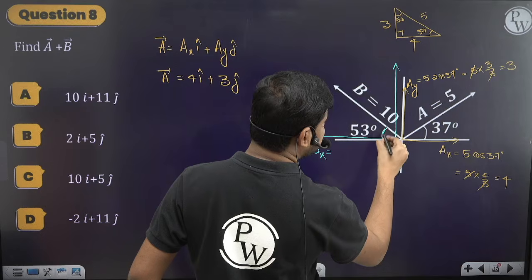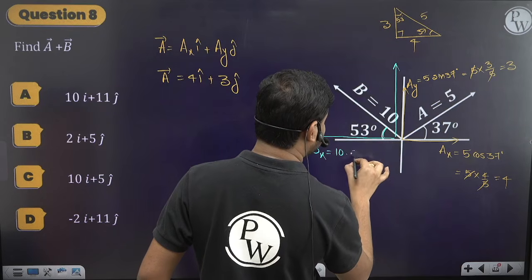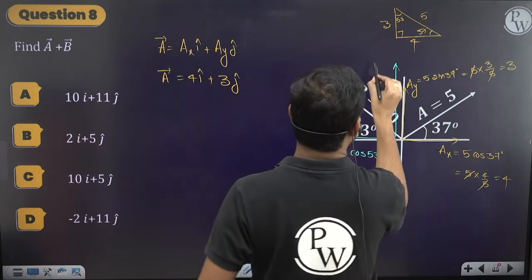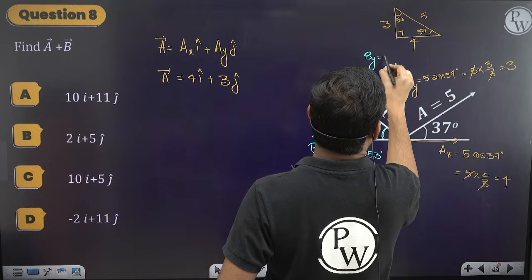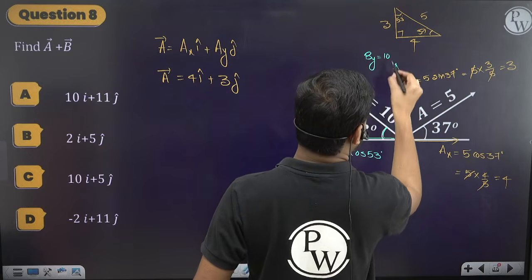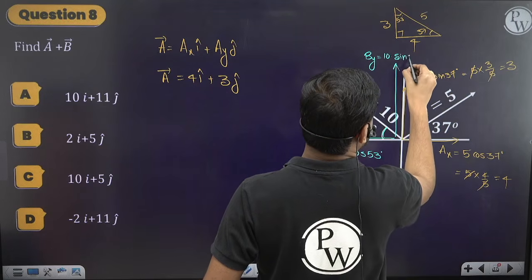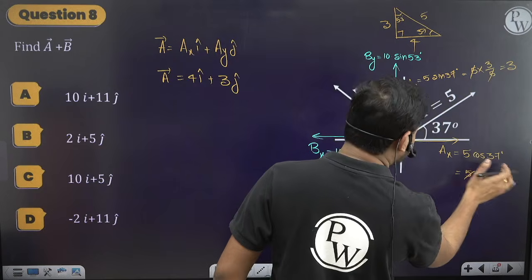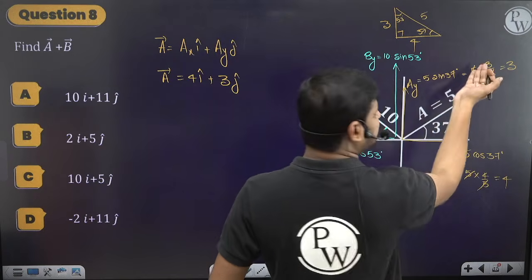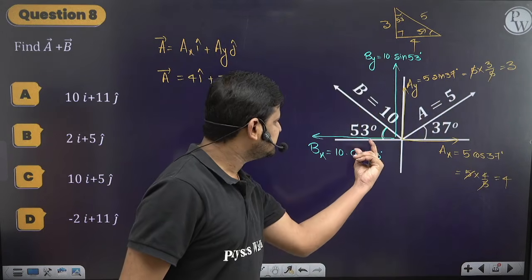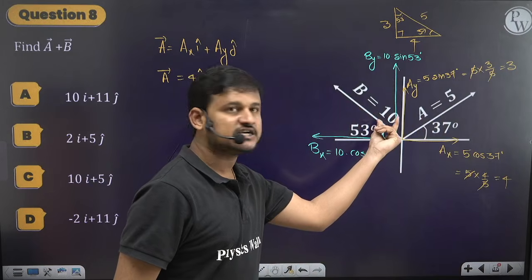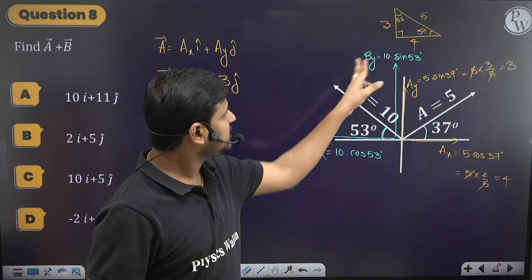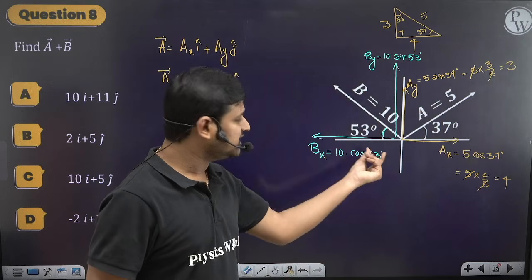The theta is this side 53, so that's why 10 cos 53, and then this component is going to be By, which is 10, theta is not there this side, so 10 sin 53. So whichever the side that theta is there, that side cos of that angle, and whichever the side it's not there, sine of that angle. So here 53 is there this side, that's why cos 53. It's not there this side, so sin 53. So its magnitude into sin 53. Its magnitude into cos 53.